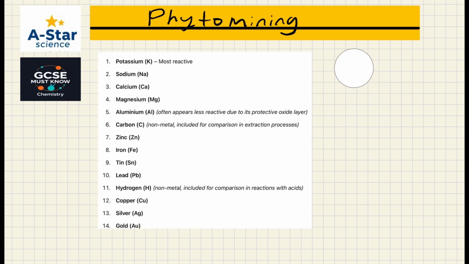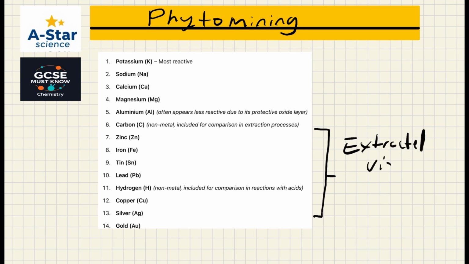Now, as a refresher, remember that when you look at the reactivity series, those metals which are below carbon can be extracted via reduction with carbon. And you can watch my other video on reduction to understand that.